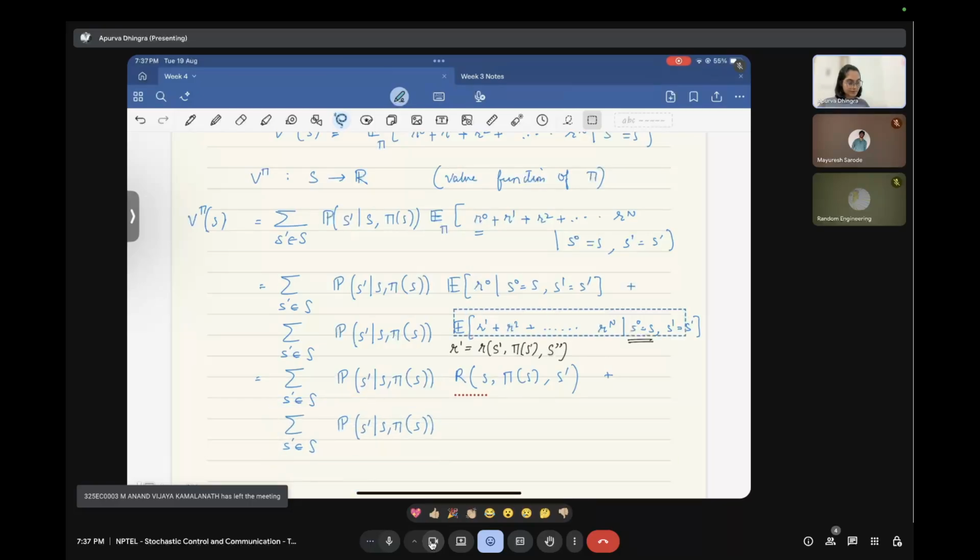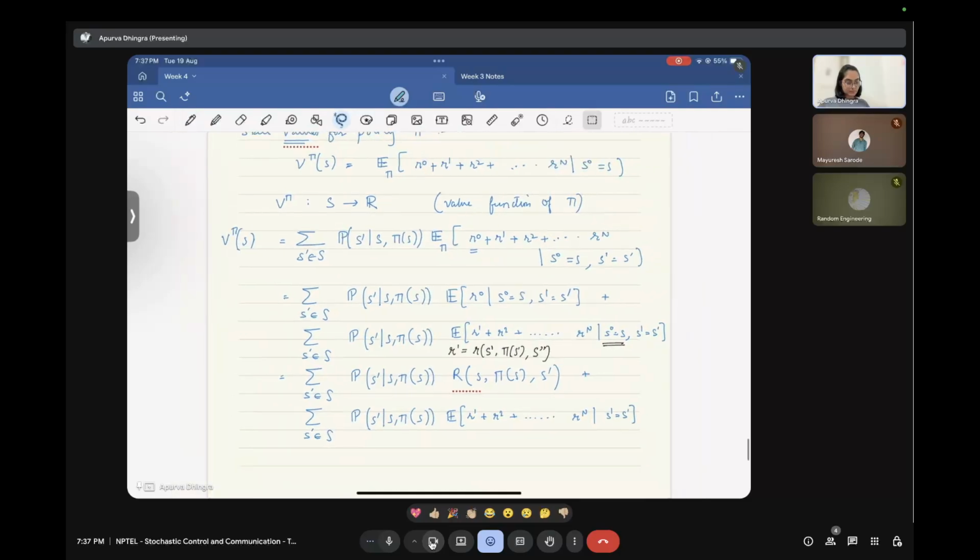Which means I can rewrite this term as, nothing fancy in this step, just removing this. Now look at the definition of v pi of s and look at this.